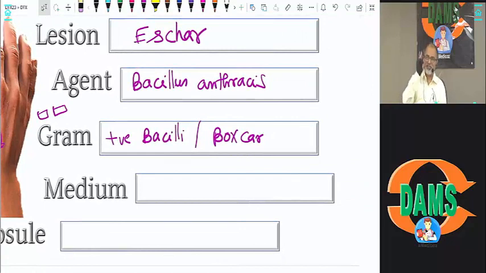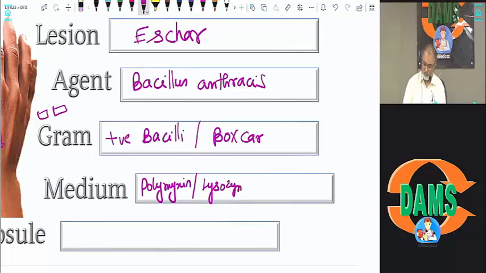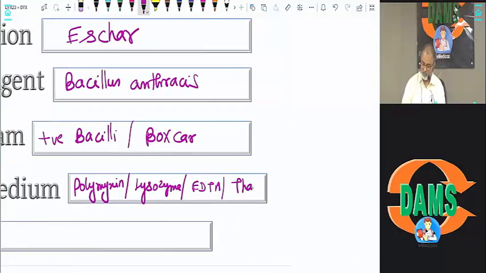Medium. What I already told, every bacteria you must know the selective medium. PLET medium: Polymyxin, lysozyme, EDTA, thallous acetate medium.